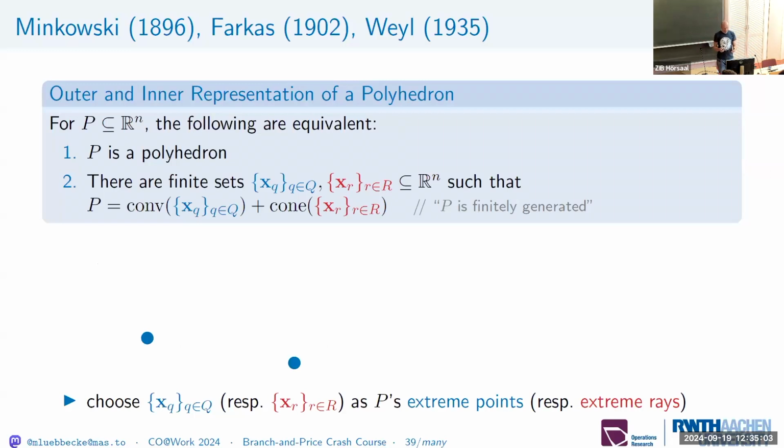So instead of having the linear inequalities describing all the feasible points, I get the same set of feasible points by looking at the extreme points, finitely many, take the convex combinations, look at the extreme directions, these are finitely many, take the non-negative combinations, and then I Minkowski sum all of them, and I will get the same set of points. And this is a characterization if and only if. So we say that the convex polyhedra are exactly those which are finitely generated. This is nice. This is just beautiful.